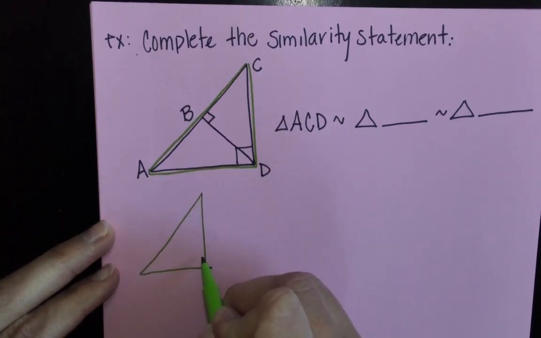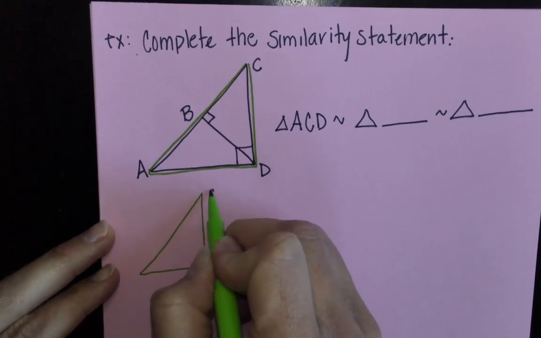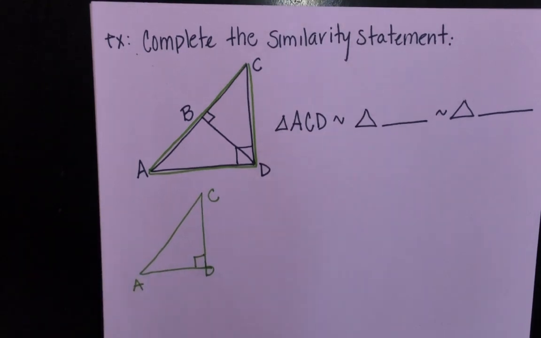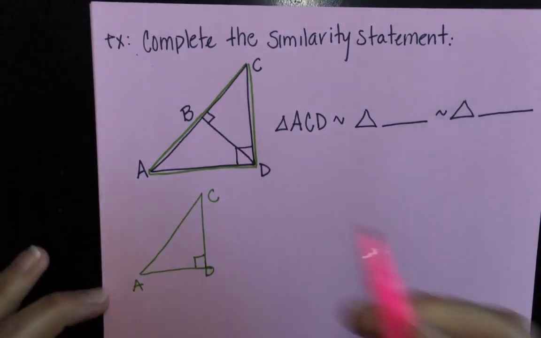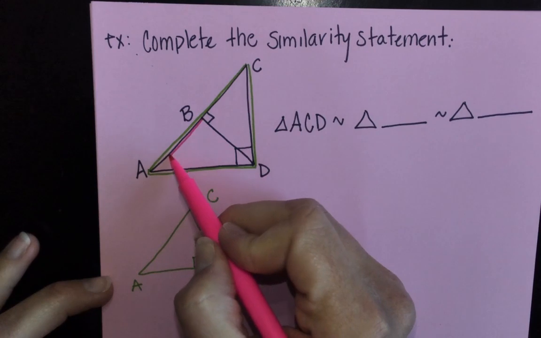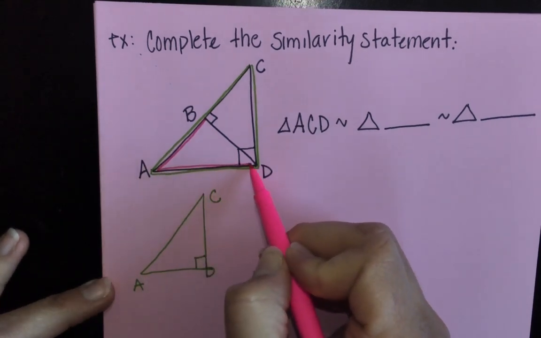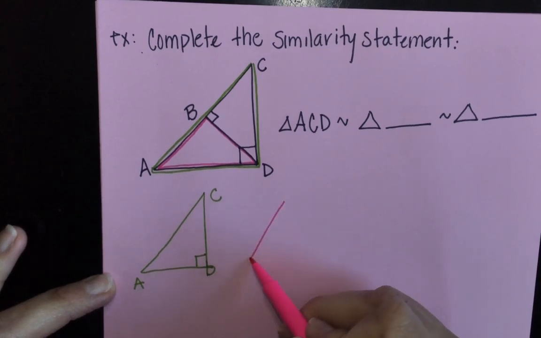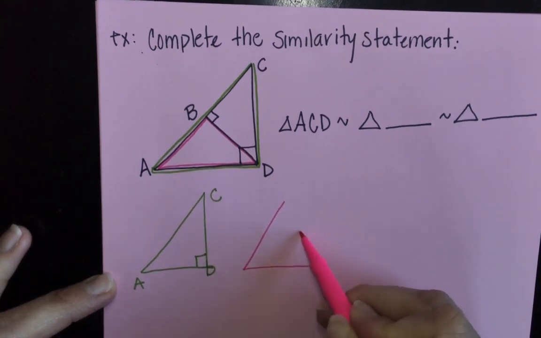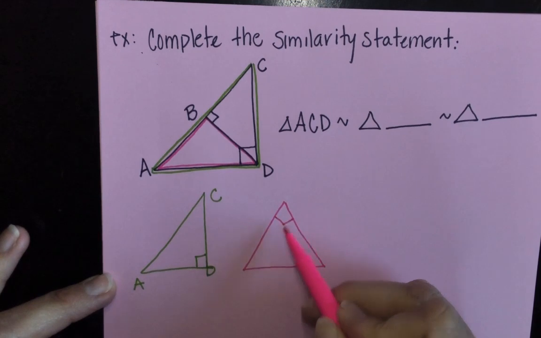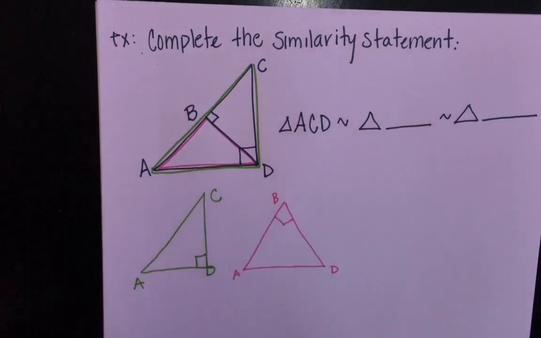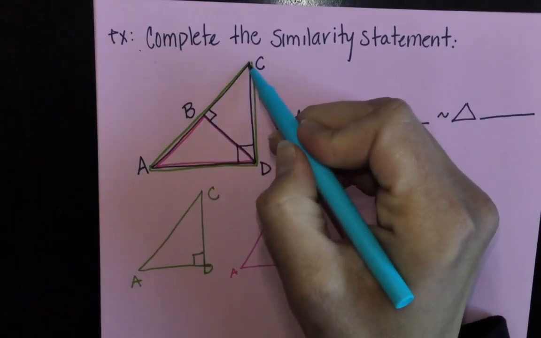If I have the first one, we did it like this. So here's D, C, A, and it looks like that. Another triangle we can do here in pink, and we have A, D, and B. And we have another one.